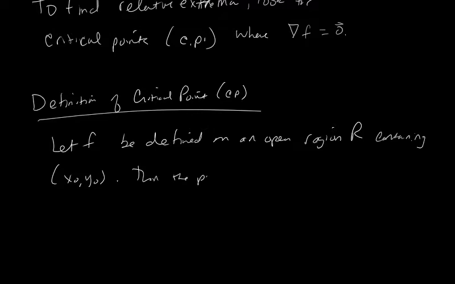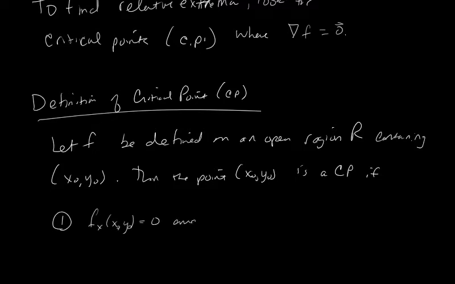Then the point x naught, y naught is a critical point if either one of these are true. Number one, the partials with respect to x and y are both 0. That is, fx of x naught, y naught is equal to 0, and fy of x naught, y naught is equal to 0, meaning the gradient is equal to 0. Or 2, if one of those partials does not exist.